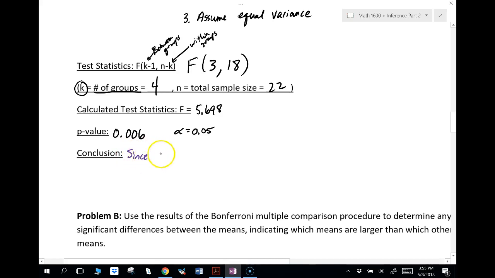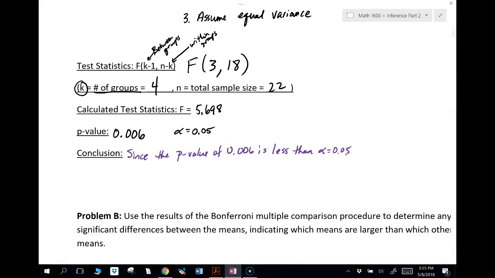Since the p-value of 0.006 is less than alpha, what do we do when it's less than alpha?